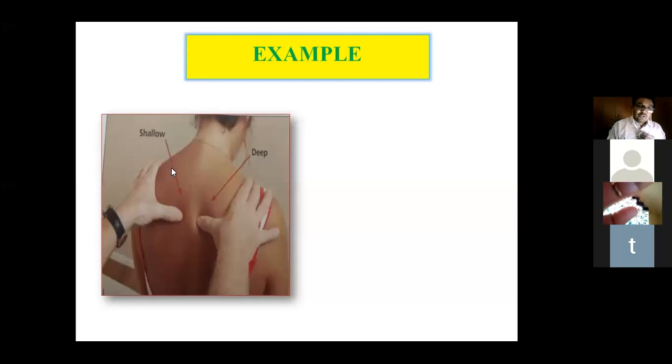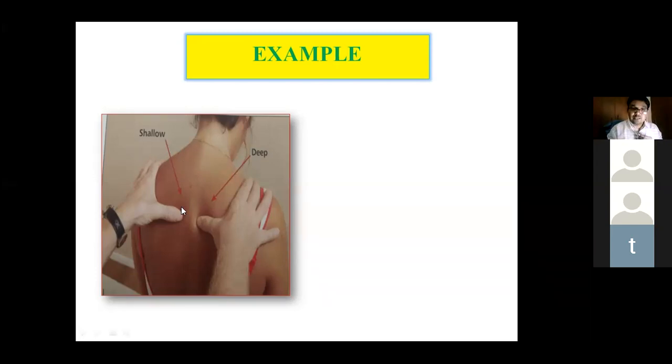So according to this example, what the picture is showing, the left thumb is shallow and the right thumb is deep. It means what? This is very, very easy, you know. This particular vertebra T4 is rotating to the left side. That is why the left facet joint, the left lamina and the left transverse process are coming more superficially.